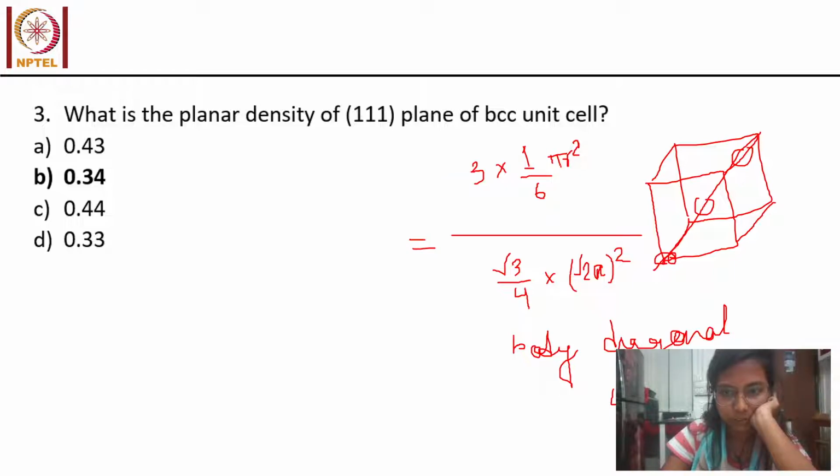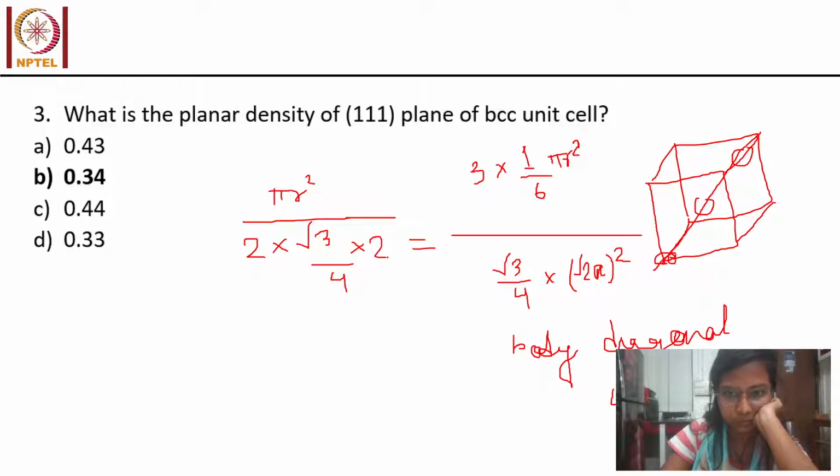So this will just simply become my half pi r square, right? Because 3 by 2, so pi r square. So this 2 will come here into root 3 by 4 into this root 2 squared will become my 2.